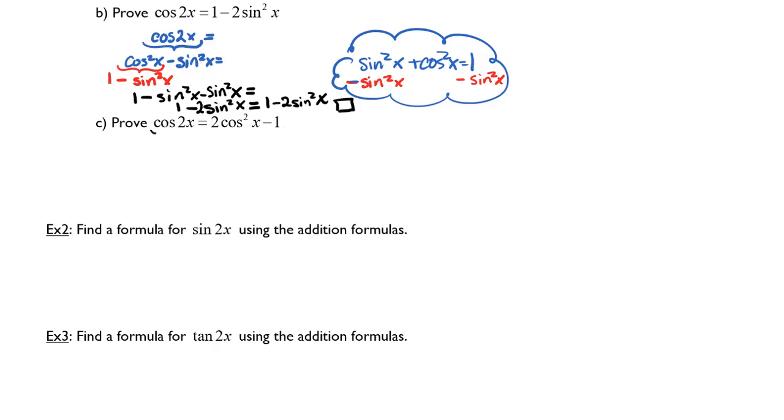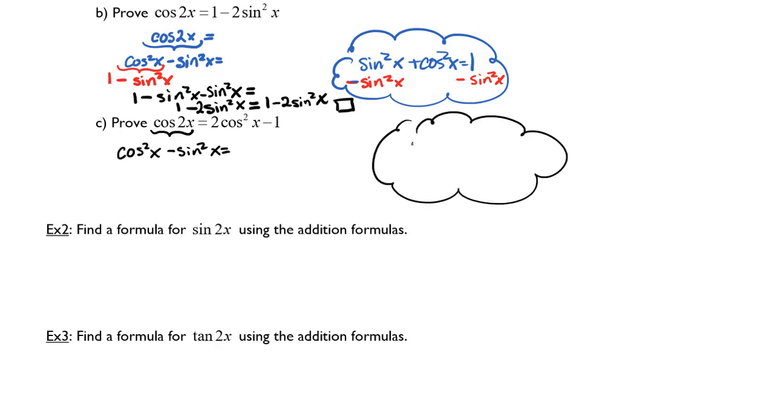Well, from the previous example, I can recall that cosine of 2x is equal to cosine squared x minus sine squared x. And I also can remember that since sine squared x plus cosine squared x equals 1, if I'm looking for 2 cosine squared x minus 1, I have to be able to do some sort of substitution.